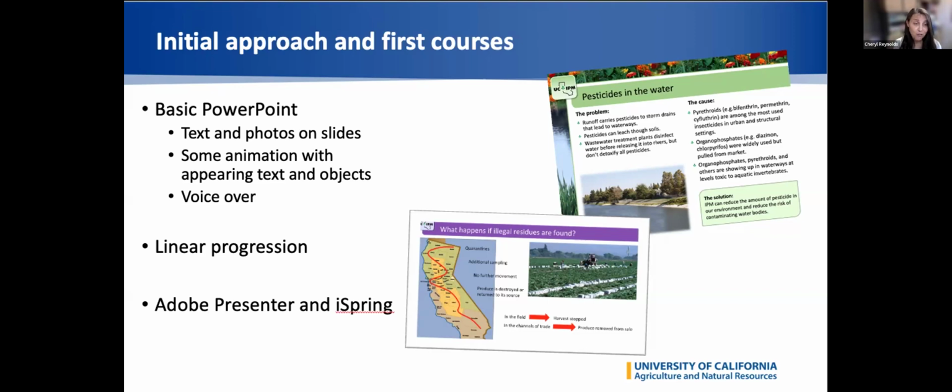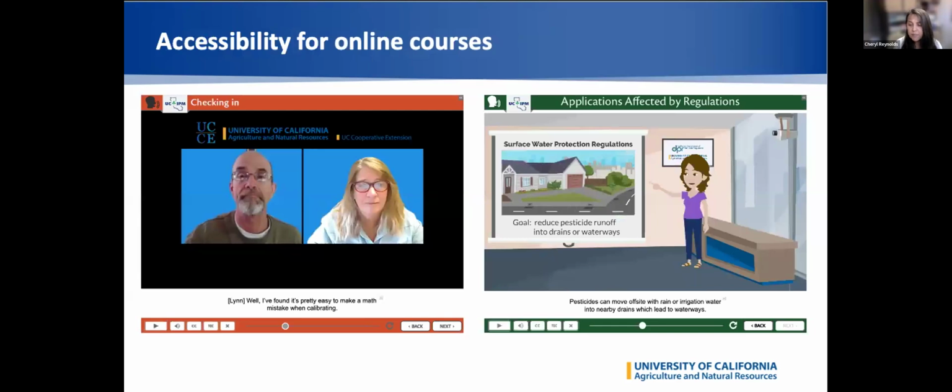The downside for those two programs is they weren't available for Apple computers. We were using a Mac, and they were only available for PCs. In about 2018, we started to pay more attention to accessibility guidelines. Even though we liked iSpring, we realized we couldn't create accessible courses with it, and they weren't giving us any estimate of when they would add those features.